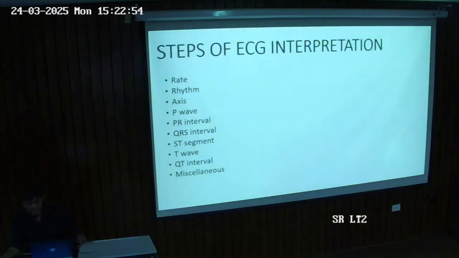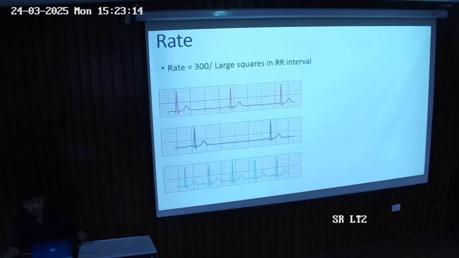Steps of ECG. An ECG should be read in the form of: first rate, rhythm, axis, P waves, PR interval, QRS complex, ST segment, T wave inversion or upright, QT interval. So rate: rate is equal to 300 divided by the number of large squares in one RR interval.